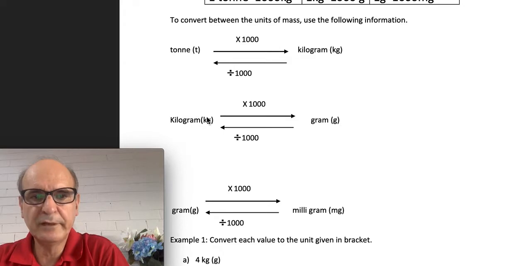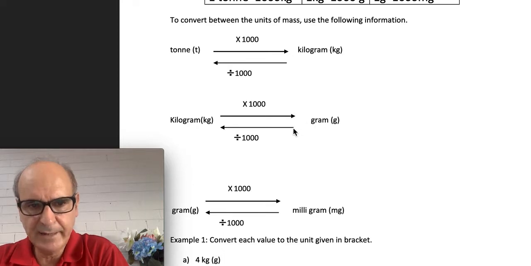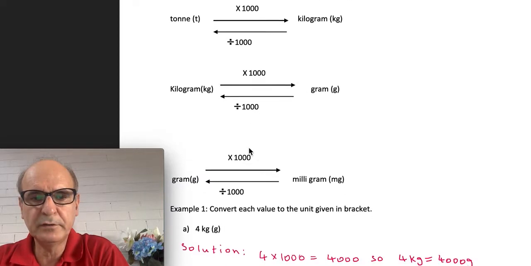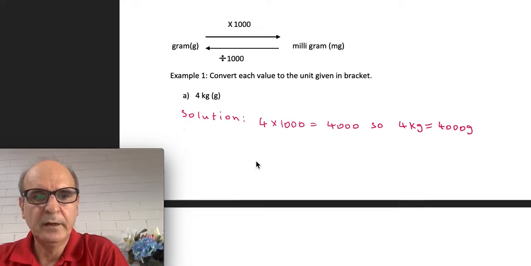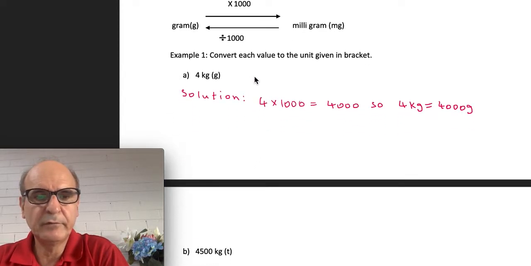To go from kilogram to gram in this direction, times by 1000, and to go from gram to kilogram, divide by 1000. To go from gram to milligram, times by 1000. To go back from milligram to gram, divide by 1000.